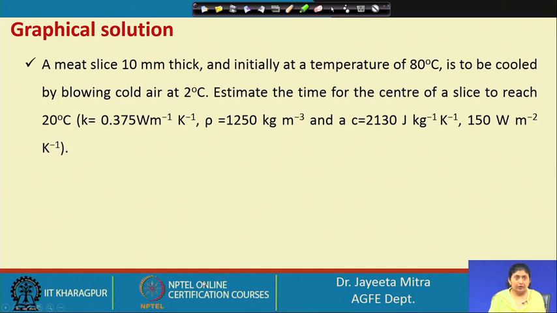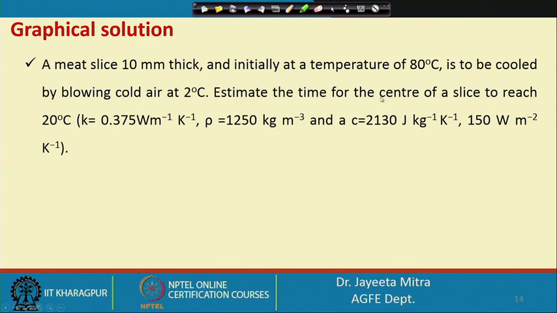Okay. So, now another problem based on the Gurney-Lurie chart, we will see where a meat slice 10 mm thick and initially at a temperature of 80 degree Celsius is to be cooled by blowing cold air at 2 degree Celsius.